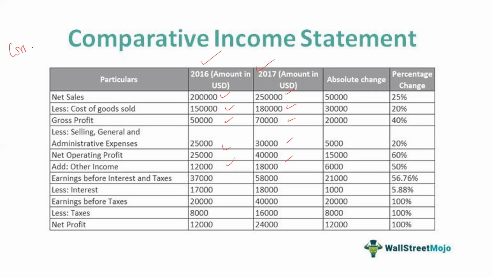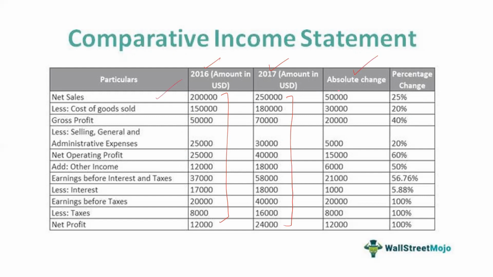In the common size income statement, what you used to do, you just wrote the raw figures or the actual figures, and you wrote the percentage of that. But what happens in a comparative statement, in that you make the actual comparison on a year basis. These are the figures of 2016, these are the figures of 2017. You just make the analysis of the change in these.